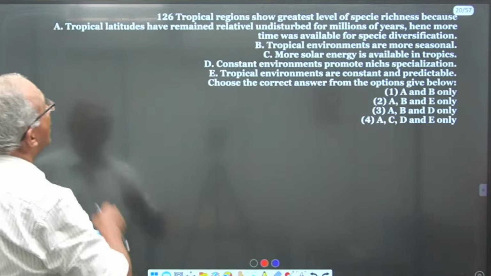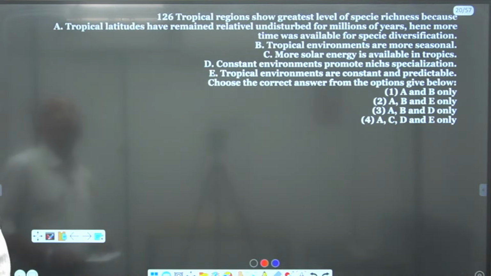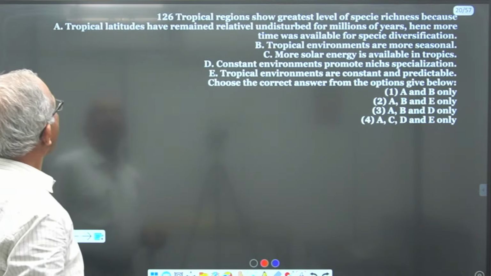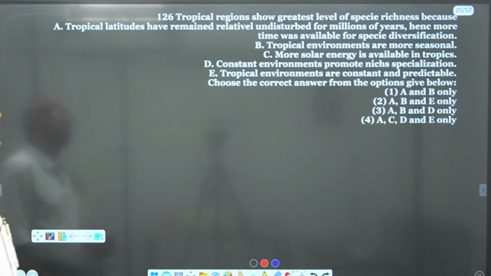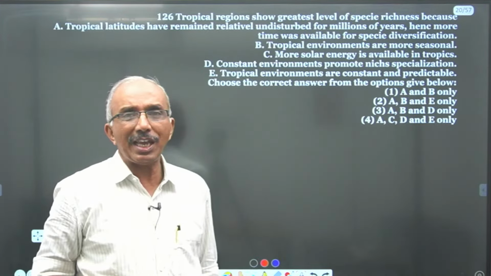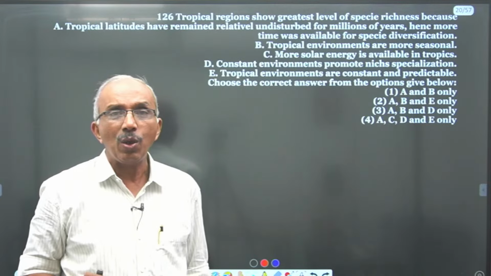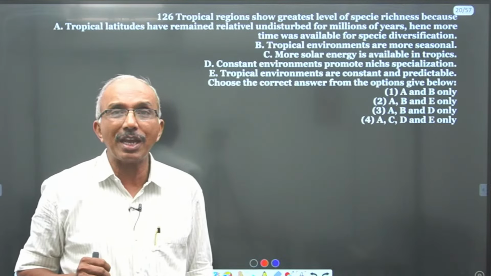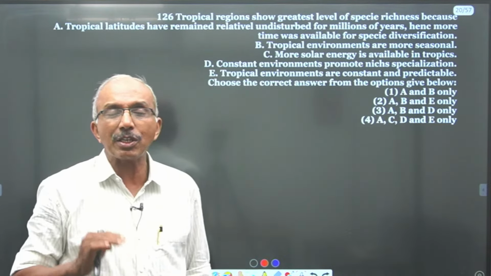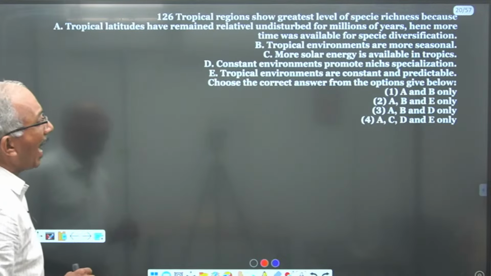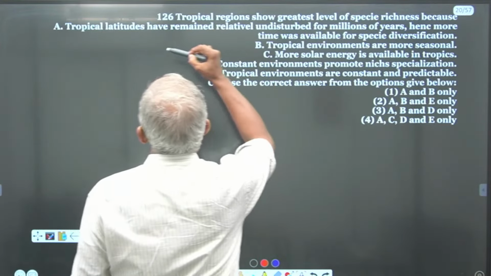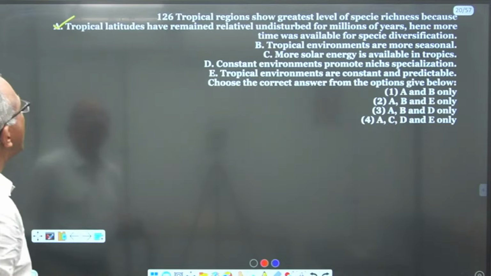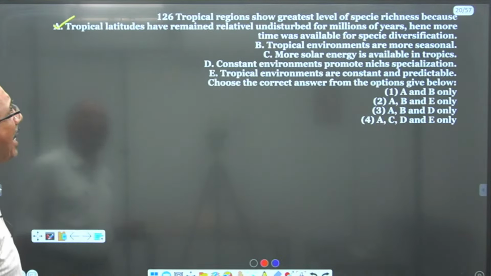Next, tropical regions show greatest species richness, because in the biodiversity chapter we studied biodiversity is greatest in the tropical region. What are the reasons for this? Why tropical regions show maximum species diversity is the question. A is correct because tropical latitude remains relatively undisturbed.